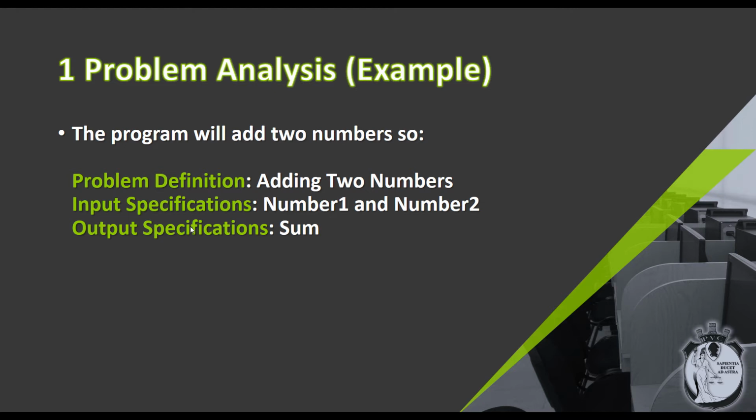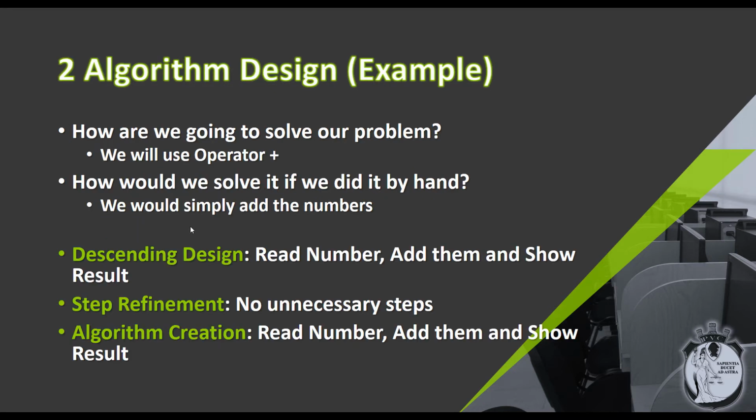Input specifications, the input, number1 and number2, and the output, the result of the sum. Now to create the algorithm, you need to read the numbers, add them, and show the result. This is the only step that you need to do.